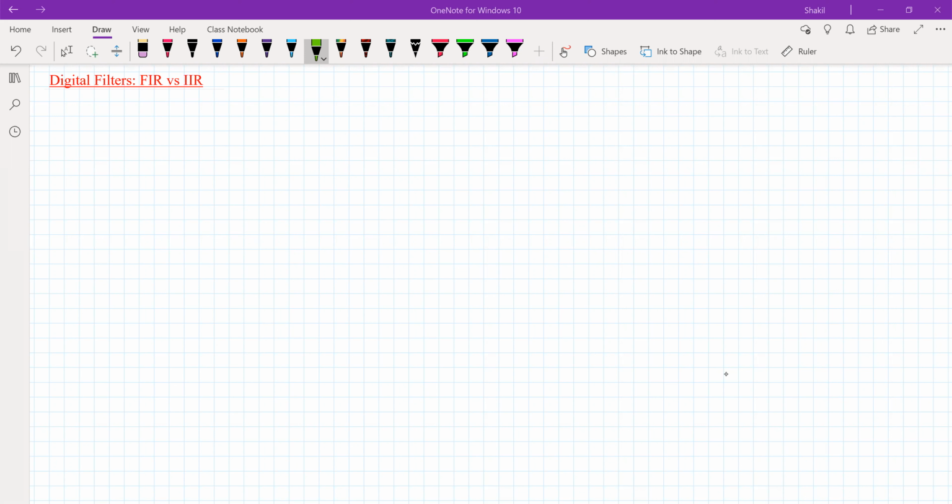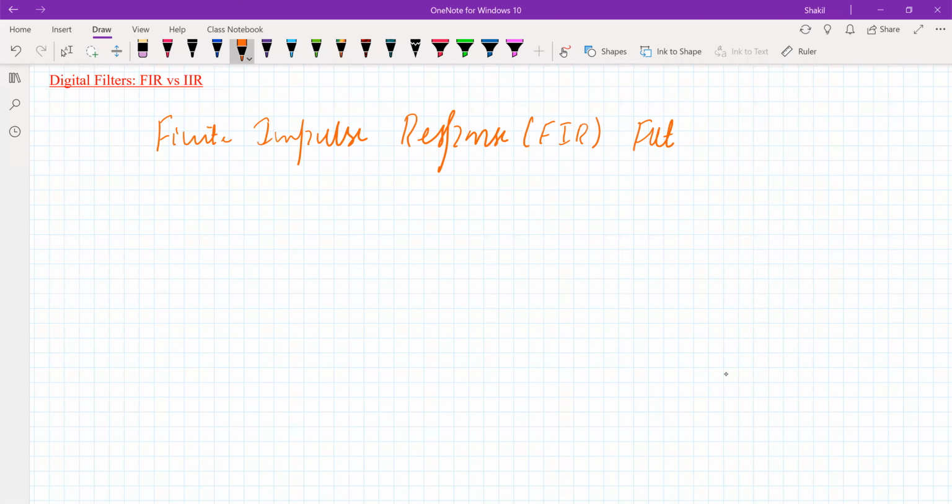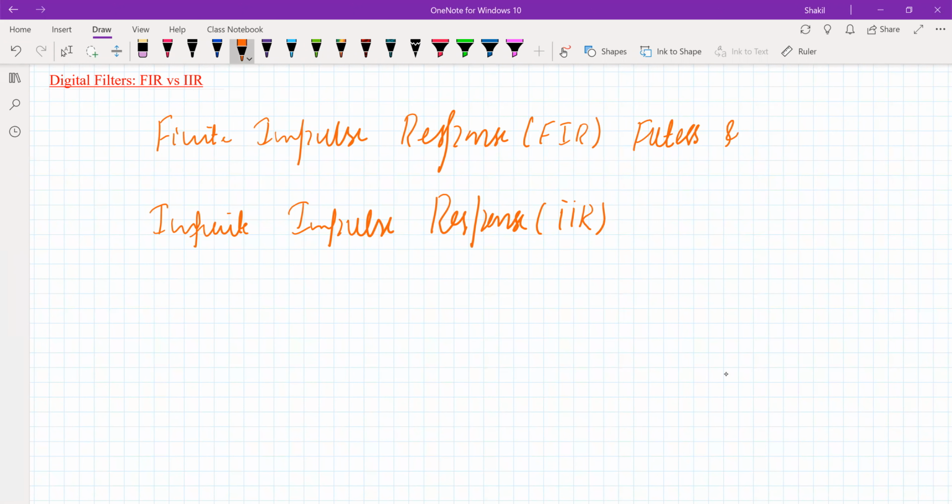These are referred to as FIR, meaning finite impulse response filters, in short FIR, and infinite impulse response filters, in short IIR filters.